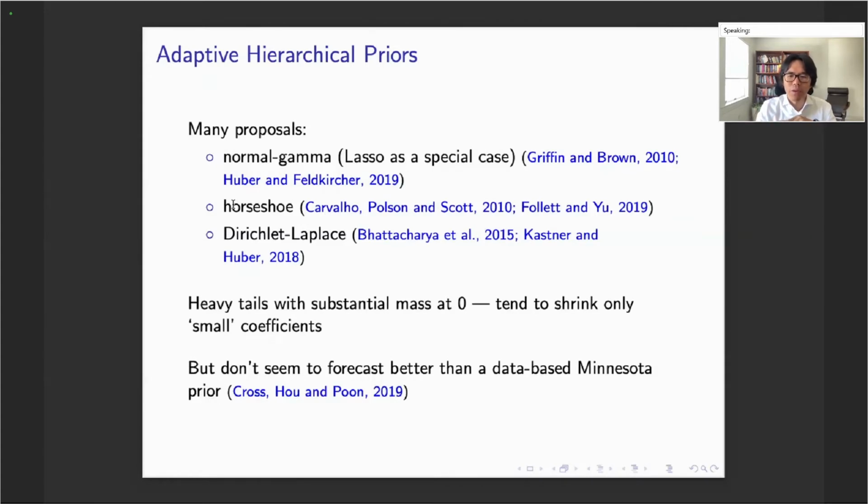What is a bit puzzling is that these more flexible hierarchical priors don't seem to forecast better than a particular version of Minnesota prior. That is highlighted in this paper by Cross, Ho, and Poon. So there are quite a few interpretations of this result. One could be that maybe the macro data are not sparse, right?